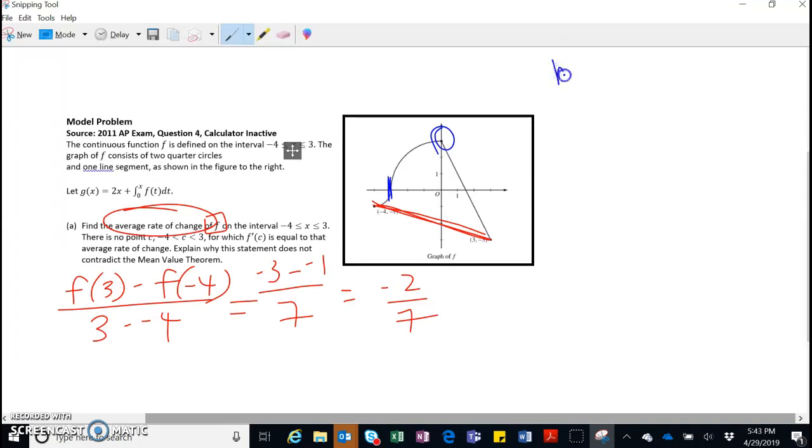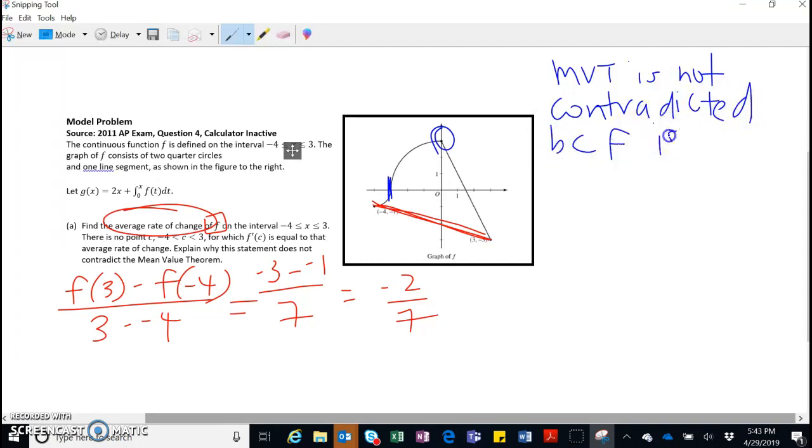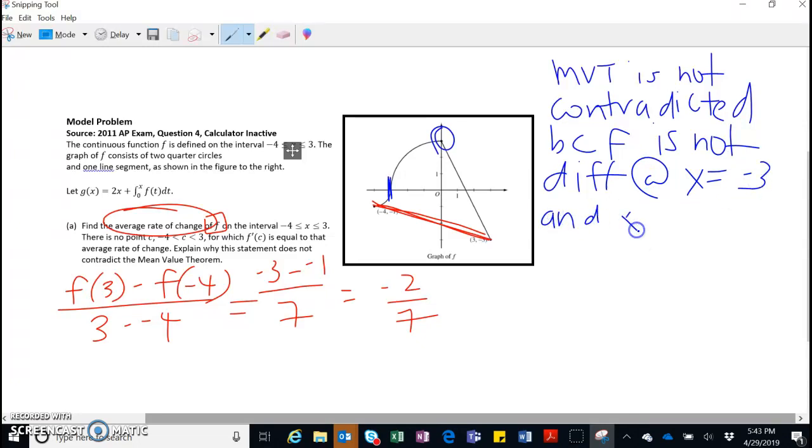So MVT is not contradicted because f is not differentiable at x equals -3 and x equals 0.